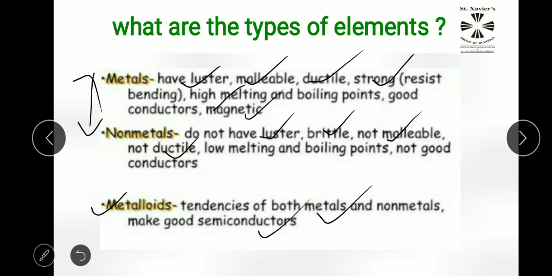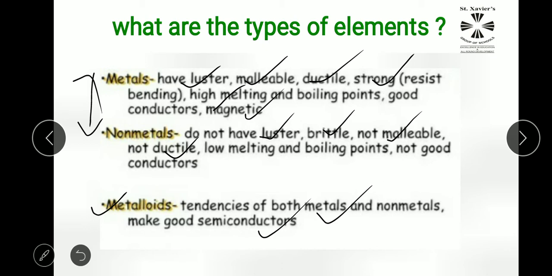Students, in different cases they behave differently. Sometimes they behave like a metal, sometimes they behave like a non-metal. We can make good semiconductors from metalloids, students.